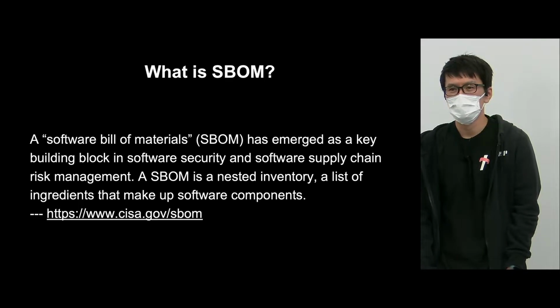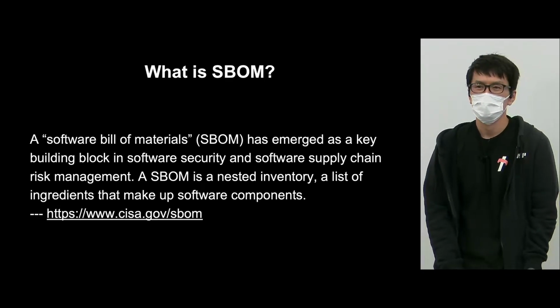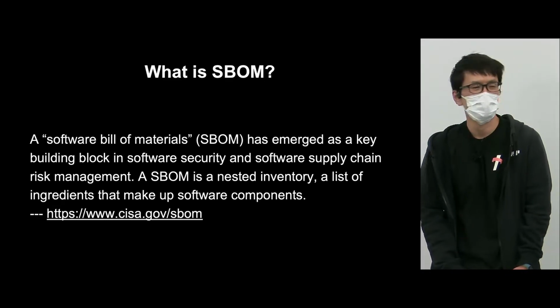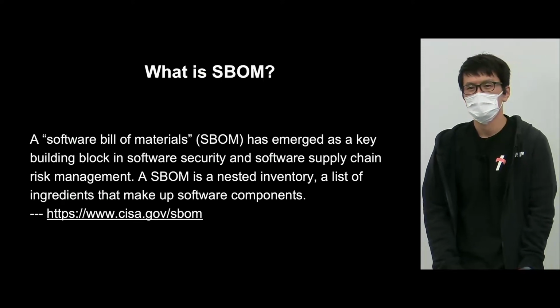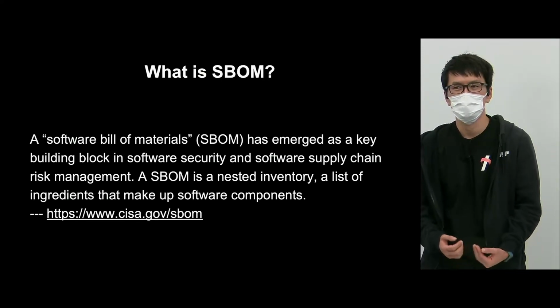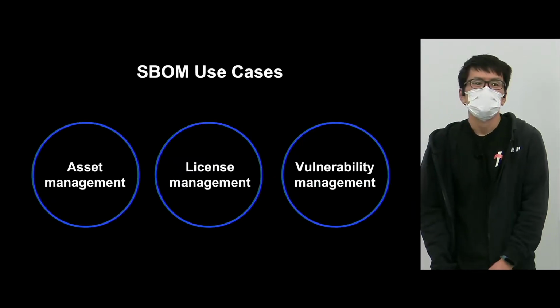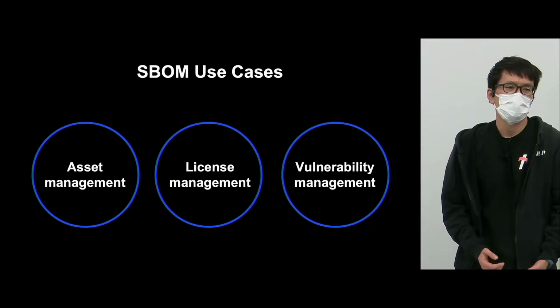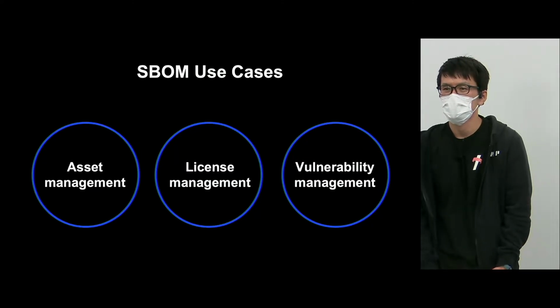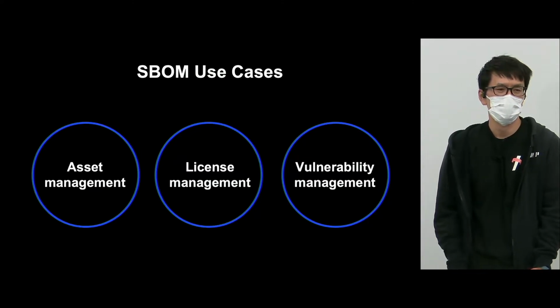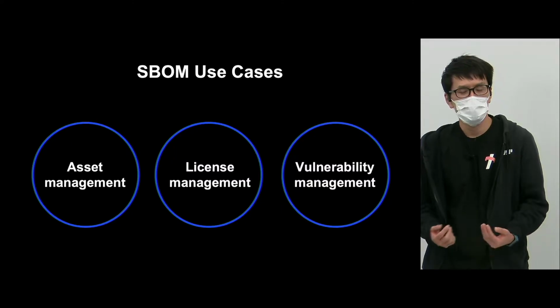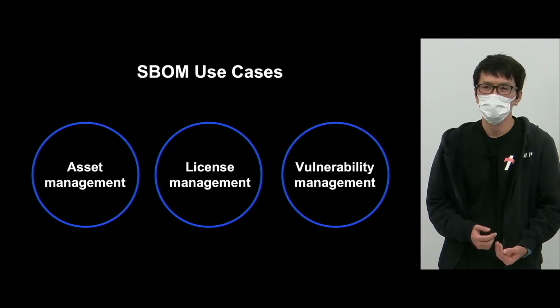Let's apply this concept to software. SBOM, software bill of materials, is a list of components of a software application. It can be used for asset management, license management, and vulnerability management. Please remember the allergy analogy from before.